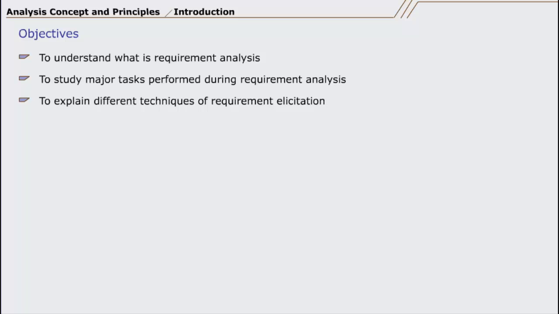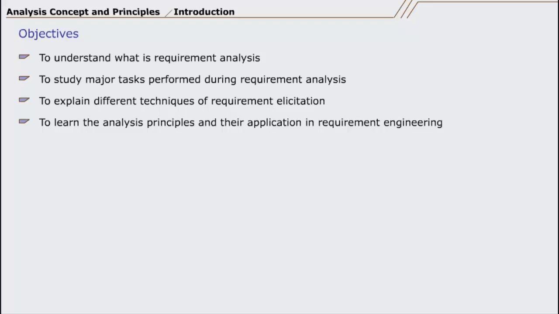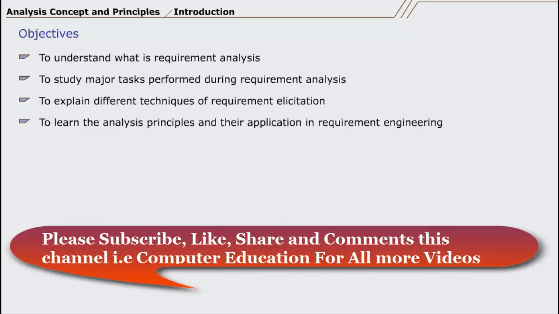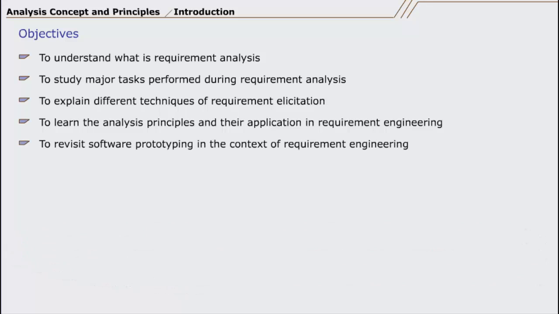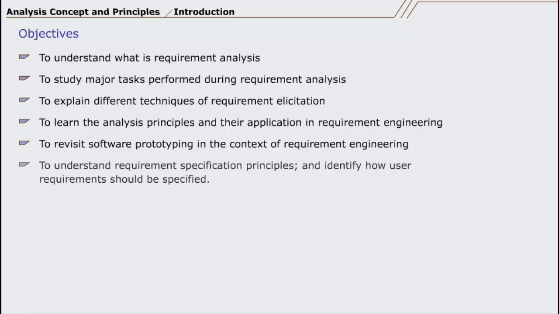Comprehend analysis principles and their application in requirement engineering. Number 5. Understand software prototyping in the context of requirement engineering. Number 6. Understand what are the requirement specification principles and how user requirements should be specified.